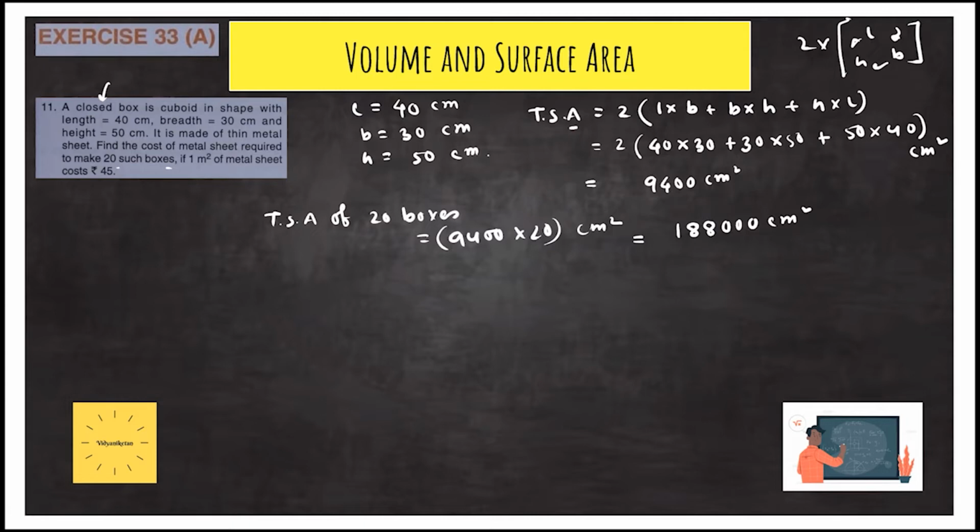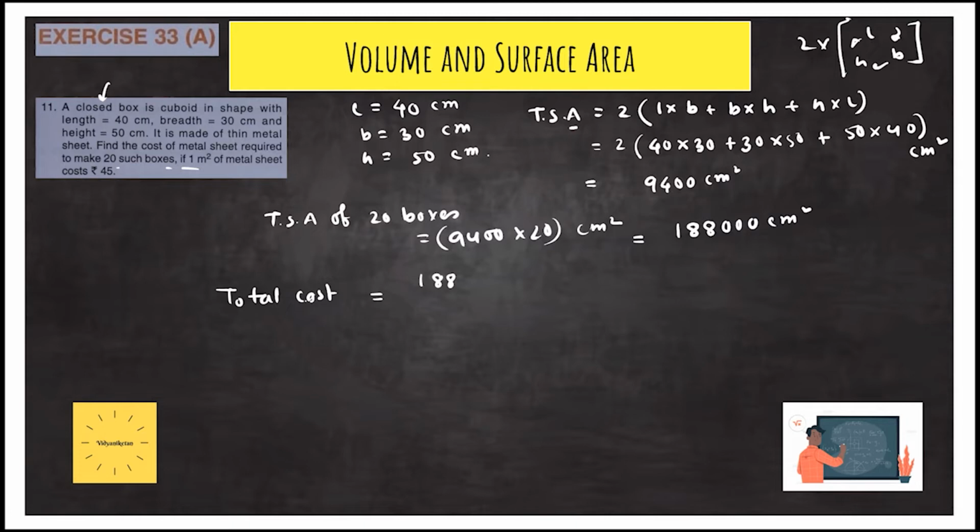So now just see here, if 1 meter square of metal sheet costs 45, so 1 meter square will cost 45, but our unit here is in centimeter. So we just need to convert this particular 1 meter square to centimeter square. Now see how I am doing that. So total cost is equals to, now 188, here it is 188.